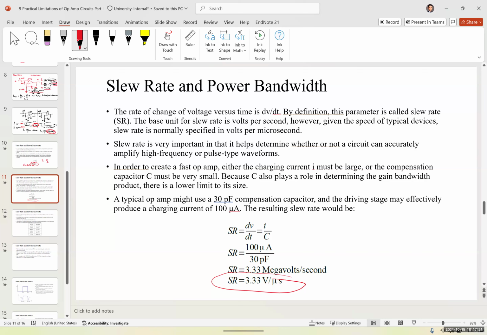But if we want to have a rapid responding op amp system, we need to have a high current, small capacitor system. And what does this mean? Slew rate is basically the rate of charge for a capacitor. The smaller the capacitor is, it's going to charge faster, reach its maximum faster, or you can put higher current into it.